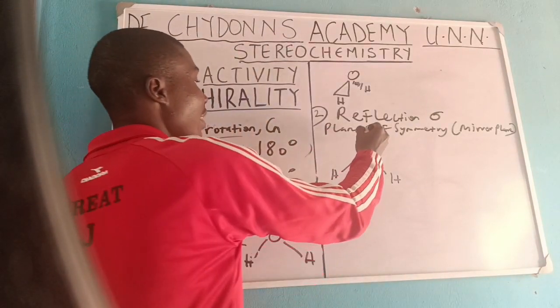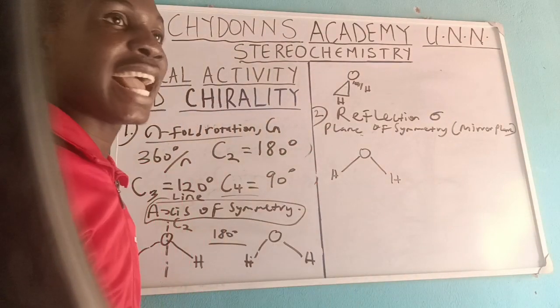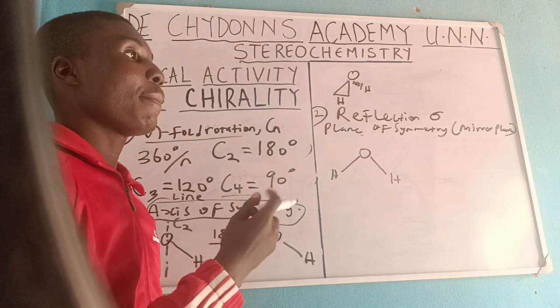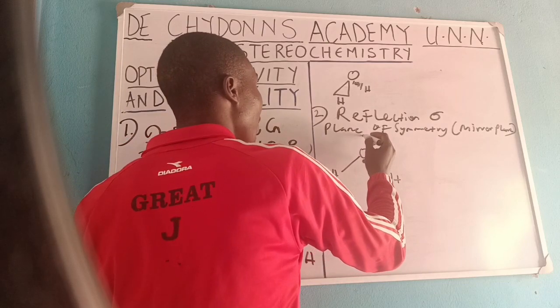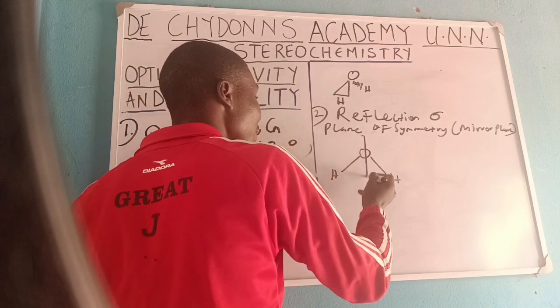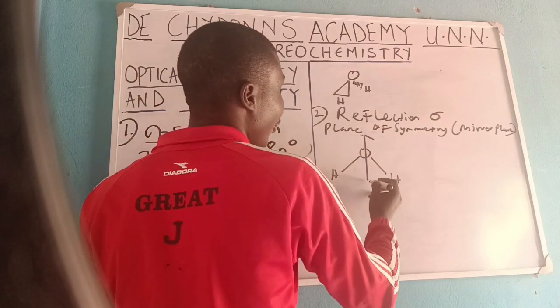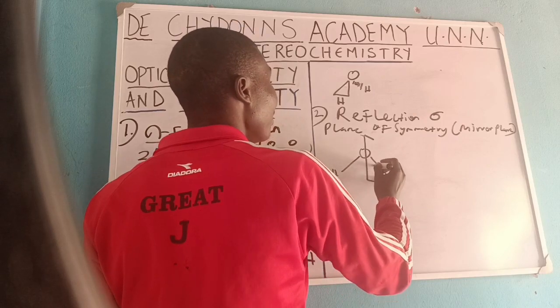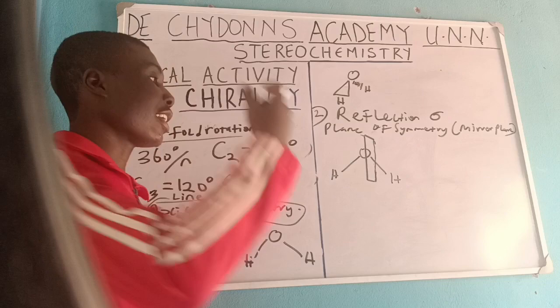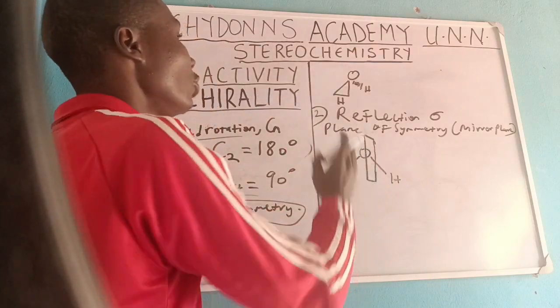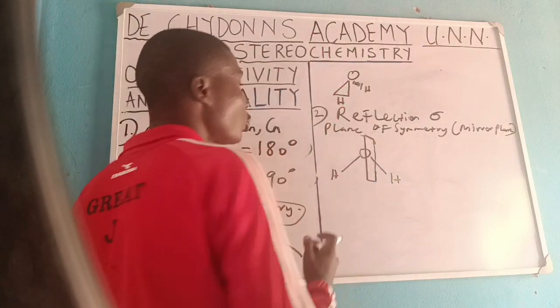Now, if you have a plane here, you know, plane is different from line. This is line. But when we talk about plane, it is like a flat surface. So if you have a plane that is cutting through this place, okay, let me see if I can draw. So this is like a plane that is cutting through this place. So when you are talking about plane, you want to look at just any flat surface cutting through this.